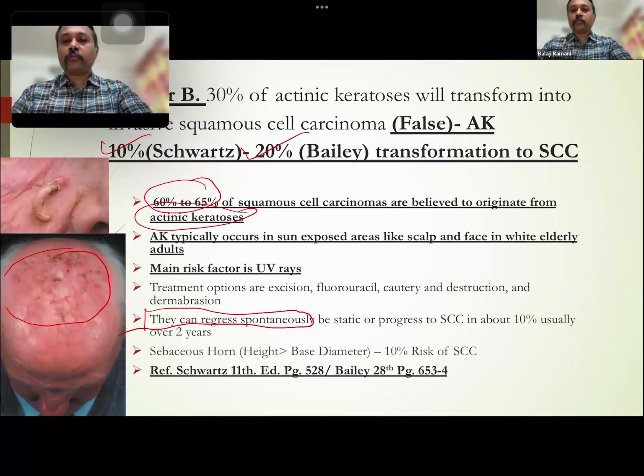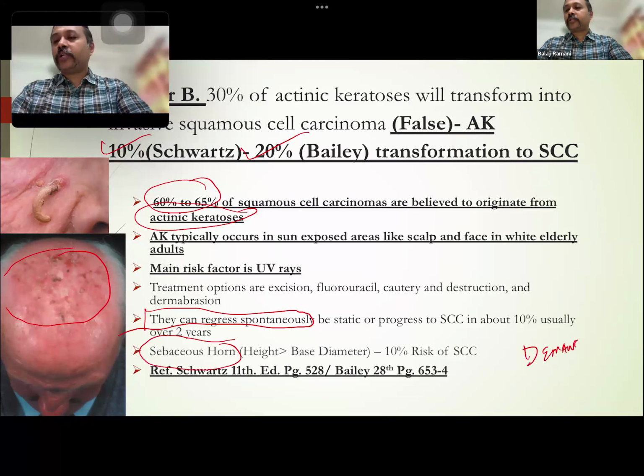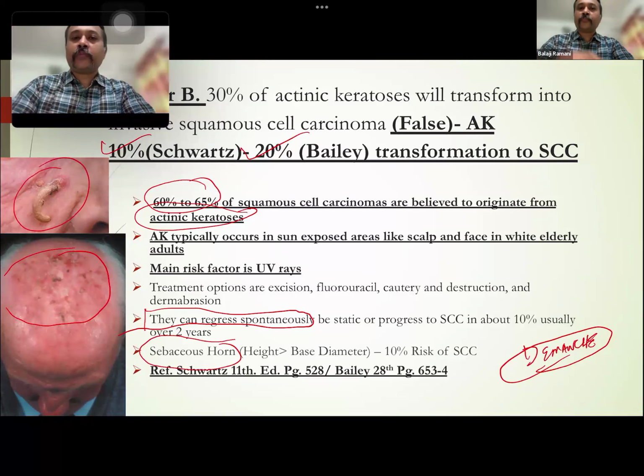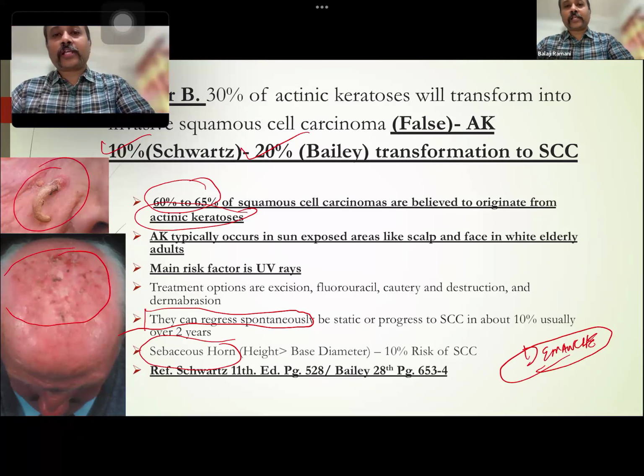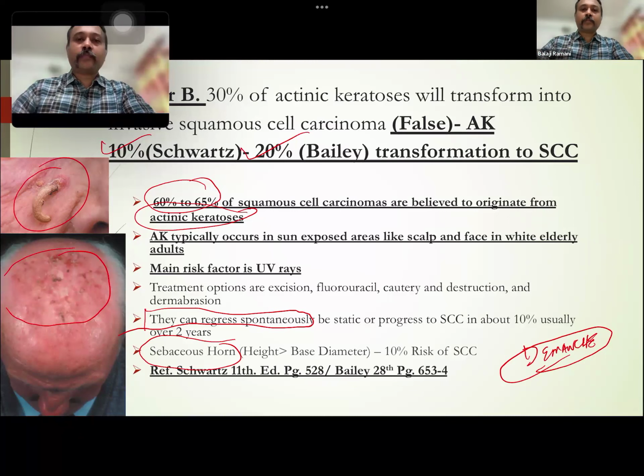And sebaceous horn, classically we talk about the widow Dimanche. The widow Dimanche, which is one of the iconic pictures of Bailey, is based on the sebaceous horn that you have. So in a watercress cellar in which Bailey happened to notice. So that picture is found in almost every Bailey. Basically, your diameter of the base should be less than half of the height.